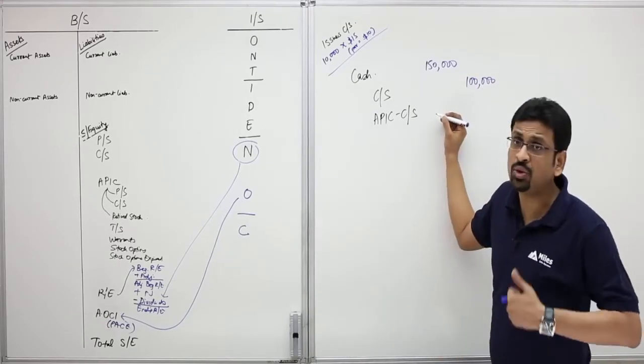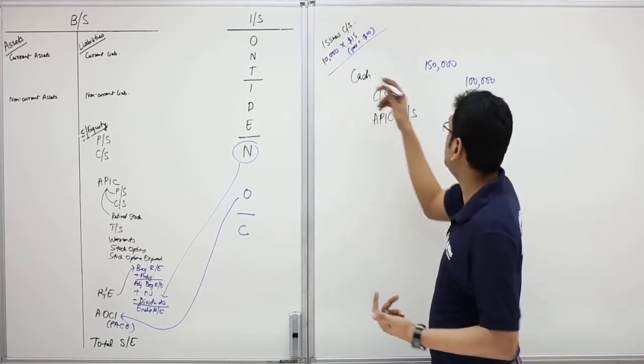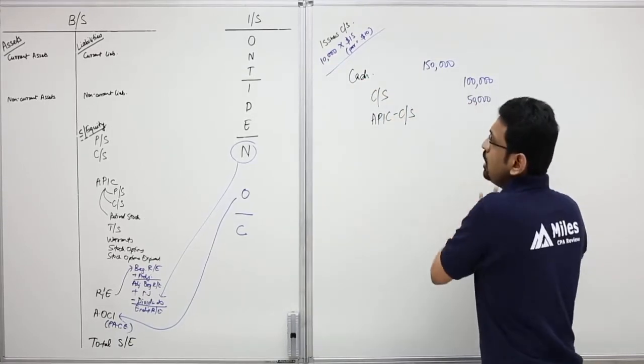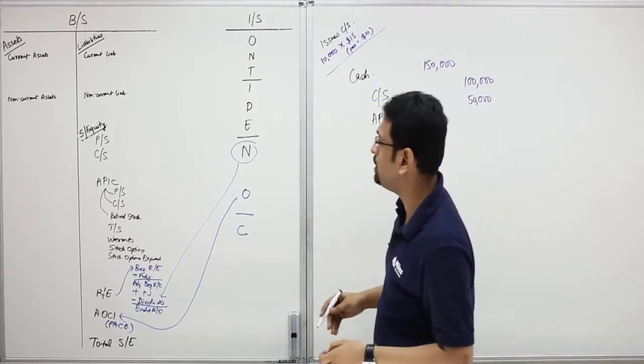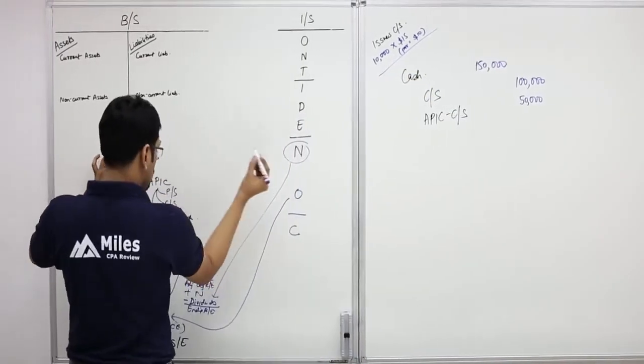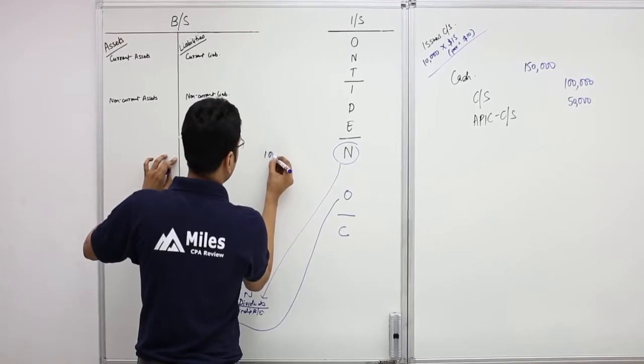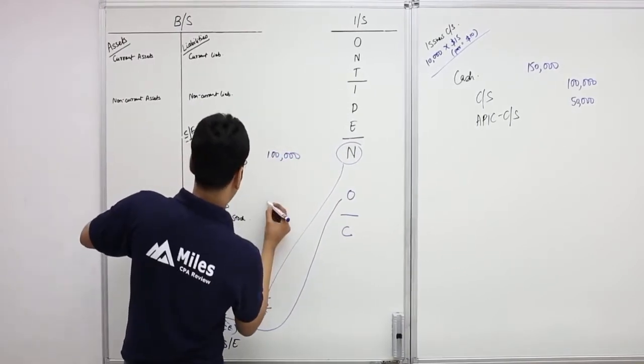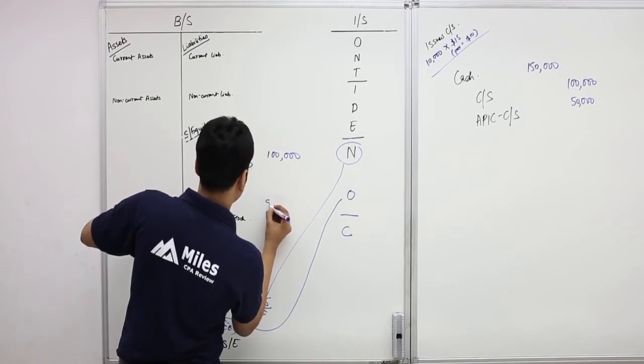In excess of par, that was $5 per share, into 10,000 gives you $50,000 here. So you would have $100,000 for common stock on your balance sheet, and you would have $50,000 for APIC common stock.